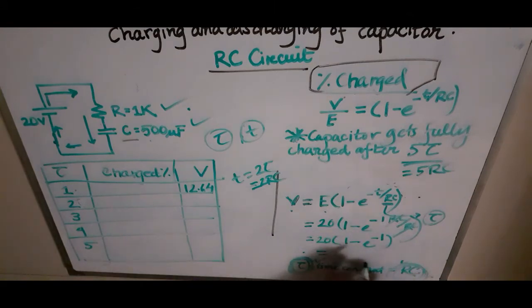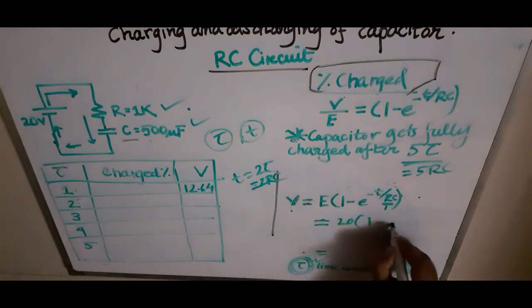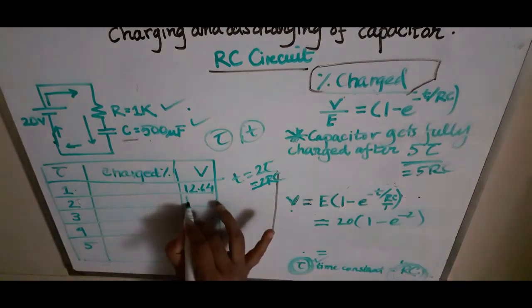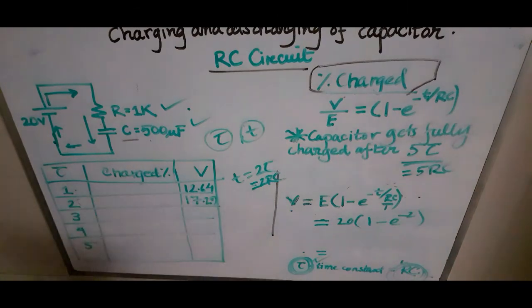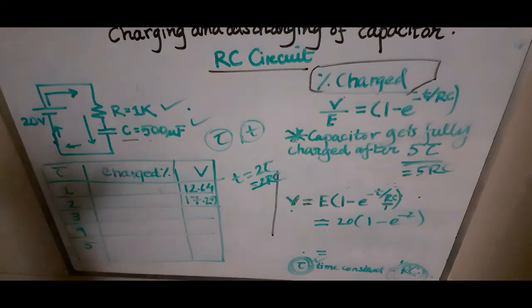And finally the equation should look like this: 20 times (1 minus e to the power minus 2). If we calculate this, we will get a value of 17.29. The same goes for the other time constants as well.